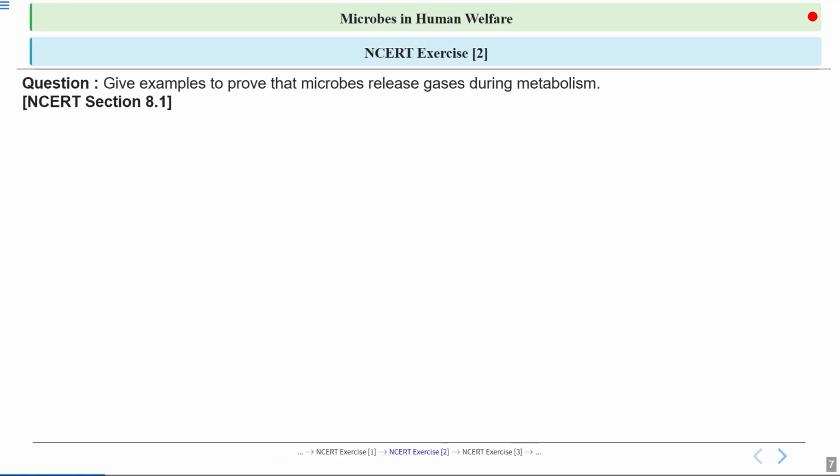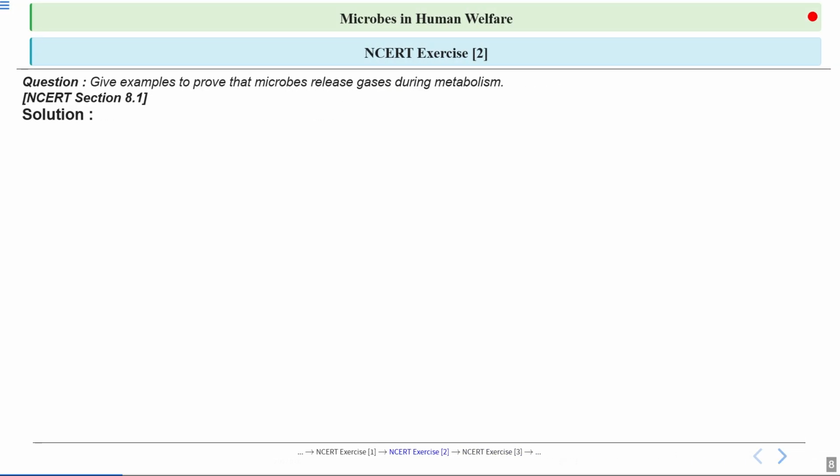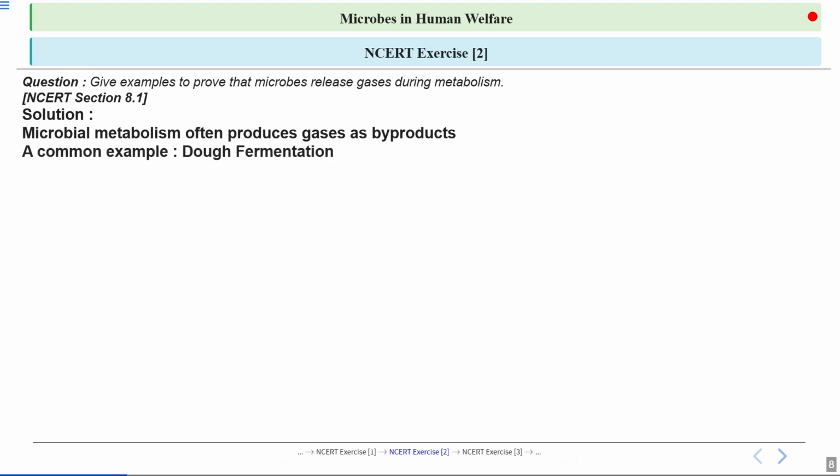Next question, give examples to prove that microbes release gas during metabolism. Let's have a look at the explanation. When microorganisms like bacteria and yeast break down sugars, they often produce gases as byproducts.